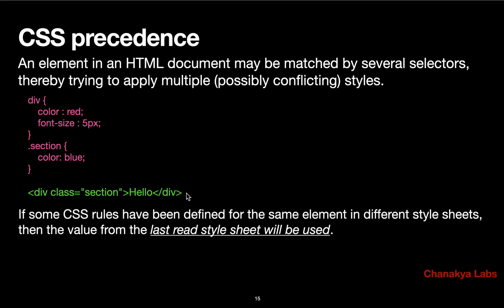I showed you an example too. If some rules have been defined for the same element in different style sheets, then the value from the last read style sheet will be used. So the last read CSS rule in the style sheet is this, corresponding to this element, and that's why that will be applied.